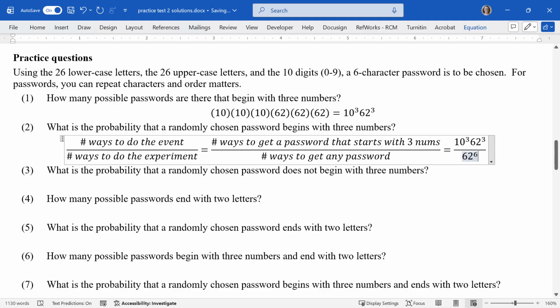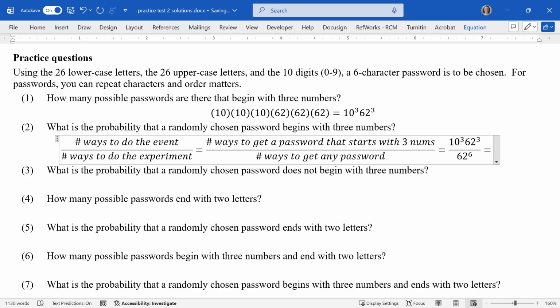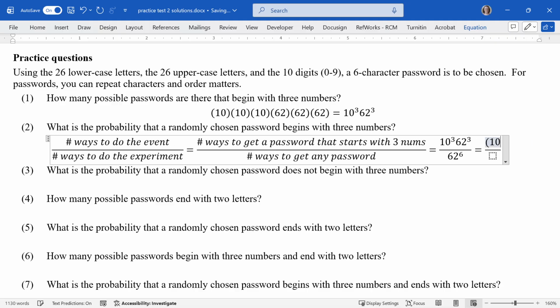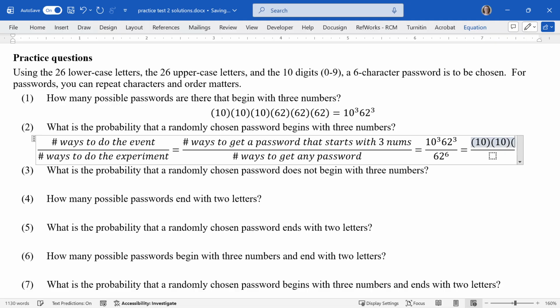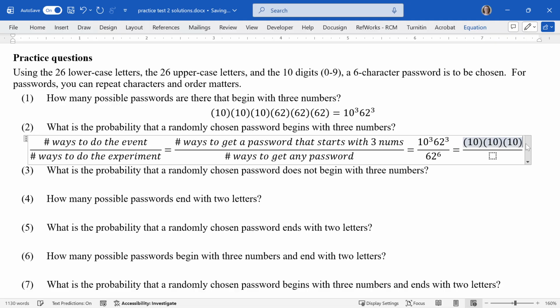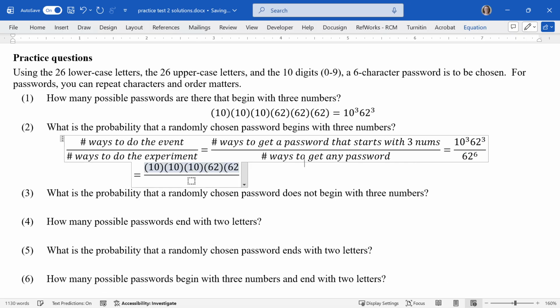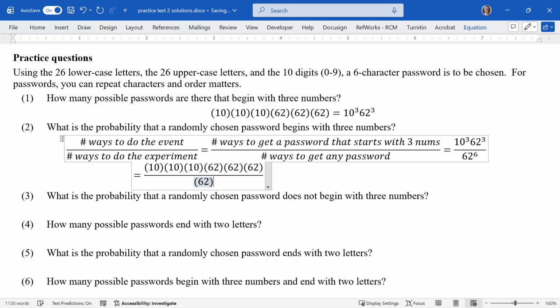And if you want to, you could simplify this because on the top here, you've got 3 10s multiplied together and then 3 62s all multiplied together. So if you forgot your rules of exponents for canceling exponents, I'm just explaining how you could do this cancellation even if you forgot how to use the exponents.